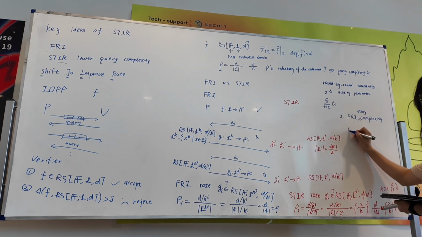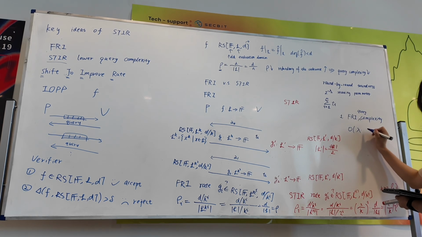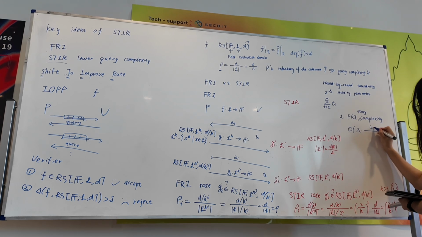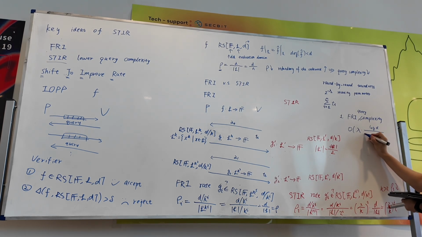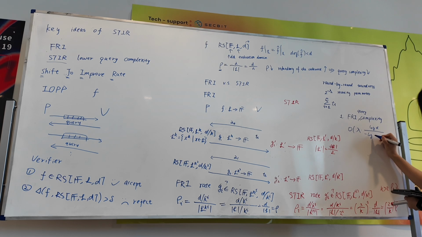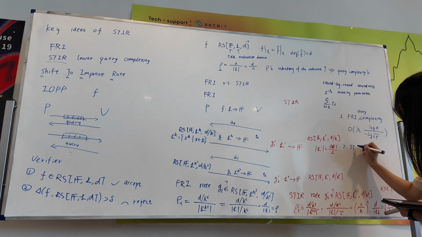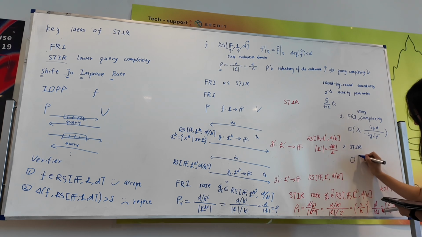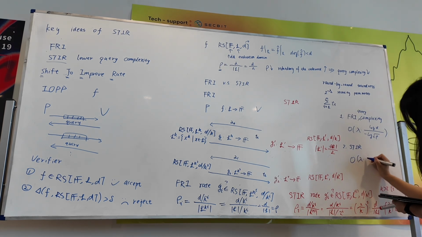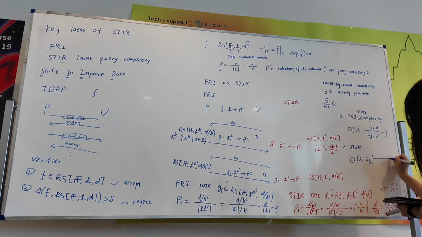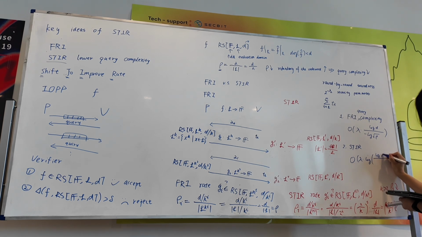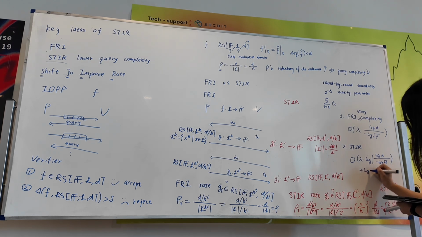It is O of lambda times log d minus log rho, and for STIR it is different.